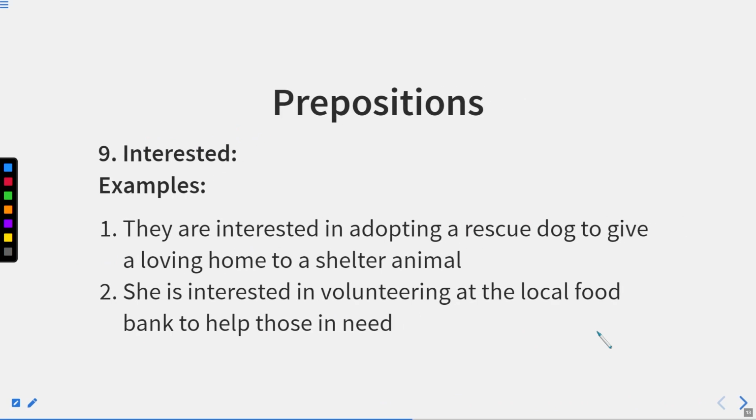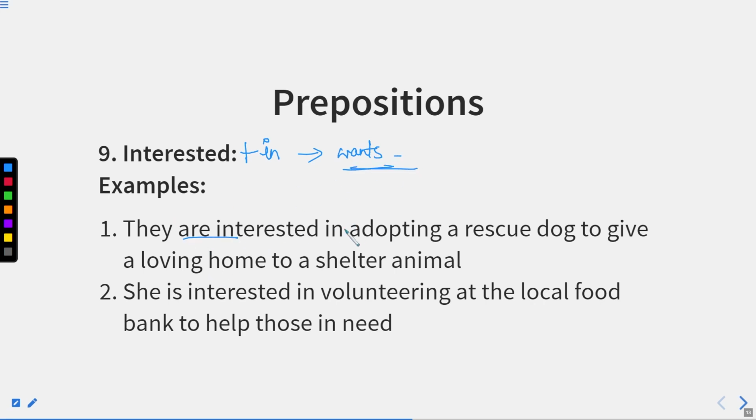Interested. Now whenever I have an interest in something, it means I want to do that particular thing. So if I use interested in, it means someone is interested in doing that particular thing. He wants to do that thing, he likes to do that thing.